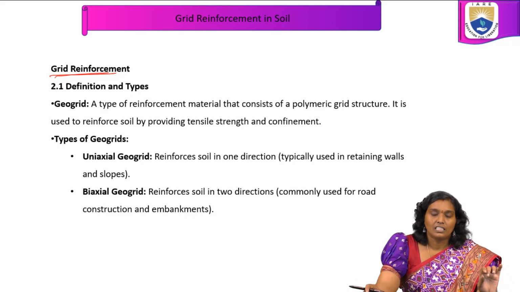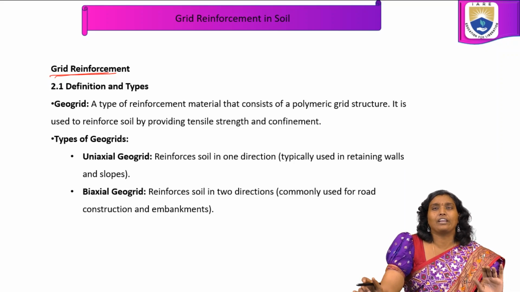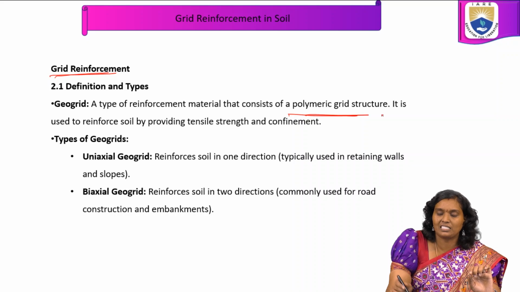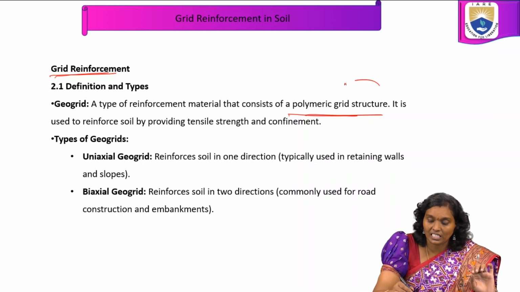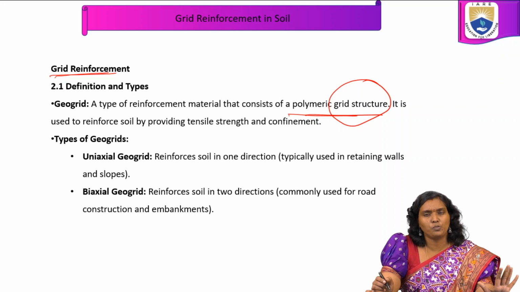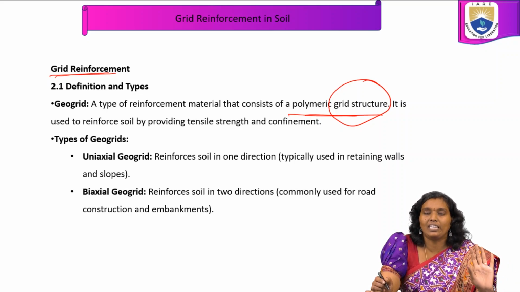A geogrid is a type of reinforcement material that consists of a polymeric grid structure. The structure itself being a grid, that reinforcement comes under the soil reinforcement technique.